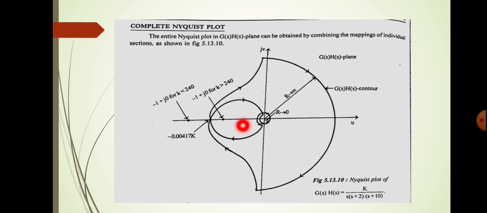This is the way we are connecting all the curves based on the arrow mark. So arrow mark is an important quantity. So this is a complete nyquist plot. You should remember this. This is obtained by combining all the curves for C1, C2, C3 and C4. There is no need to draw the exact curve, but it should look like this.